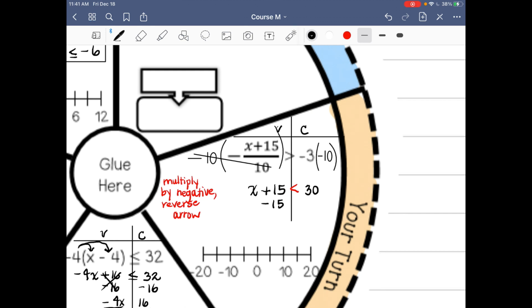Then we minus 15. And we have x is less than 15. And that is standardized for us already. And so we put our interval in, and it's open, and then go below that interval.